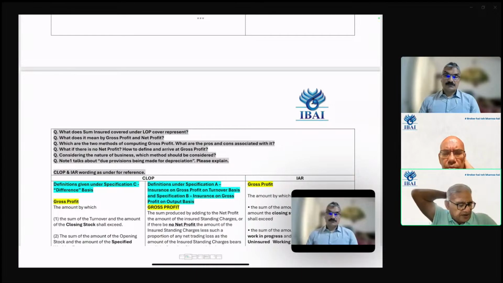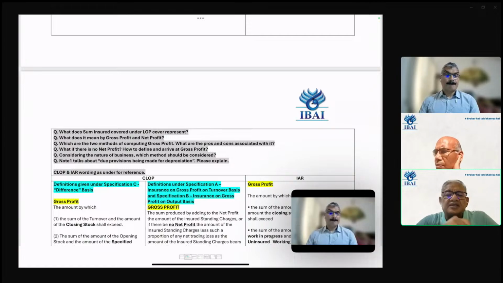Just to add, the consequential loss tariff, that is FLOP, normally gives you three options, specification A, B, and C. Whereas the IAR policy gives only the difference basis option.